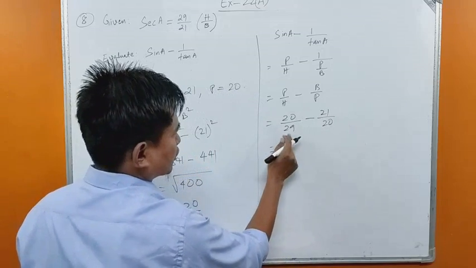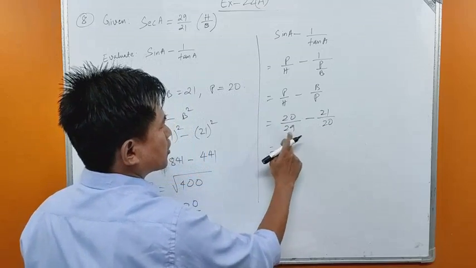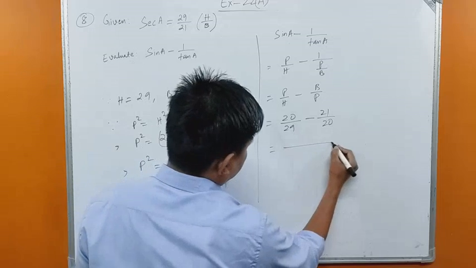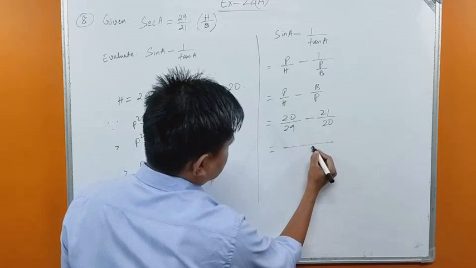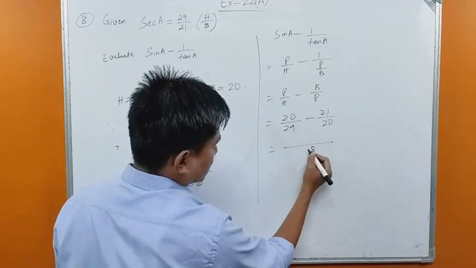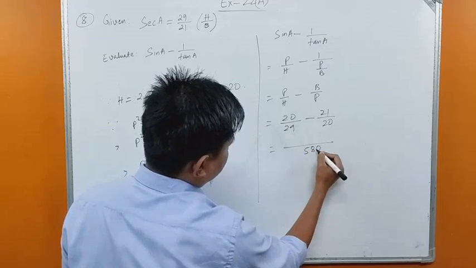There is no common factor between these two numbers, so let us multiply: 29 times 20 is 580, which is the LCM.